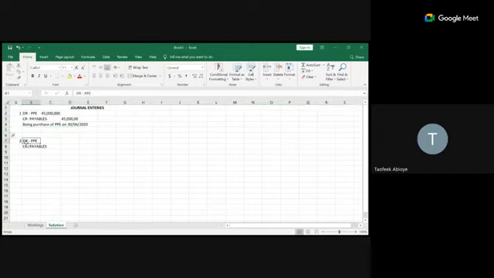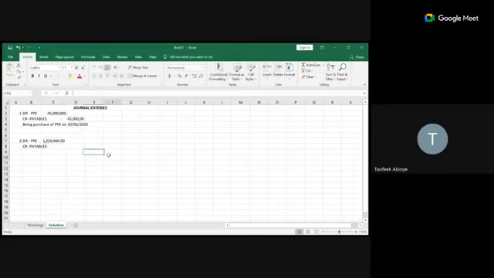So our clearing cost, how much is it? 1,250,000, right? So we debit our PPE because we capitalize it. Then we will credit our bank.